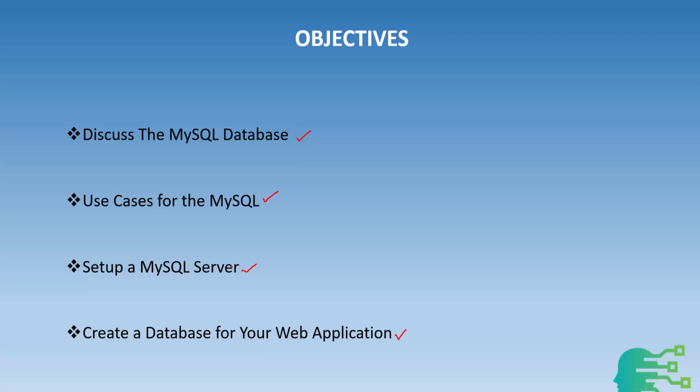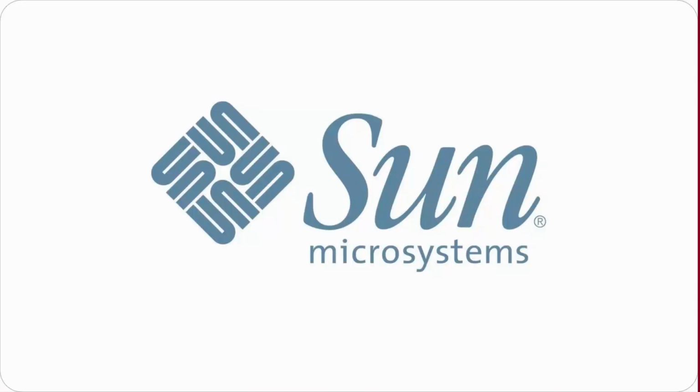Now, first of all, MySQL is sponsored, developed, and currently marketed by a company called Oracle Corporation. Now, it was not like that from the beginning. MySQL used to be owned by an organization known as Sun Microsystems. Sun Microsystems is the company behind the popular Java programming language.